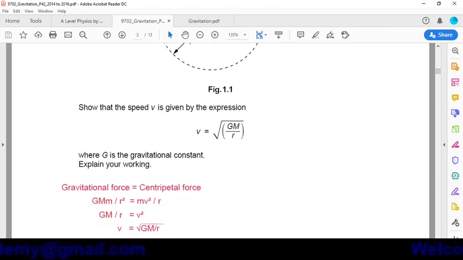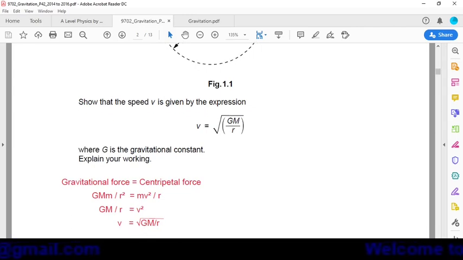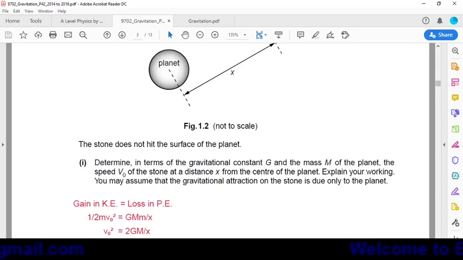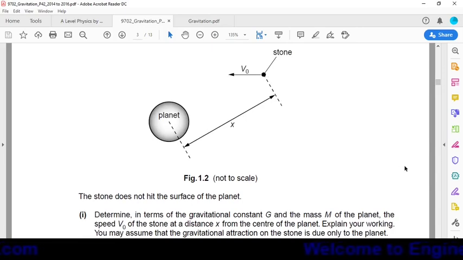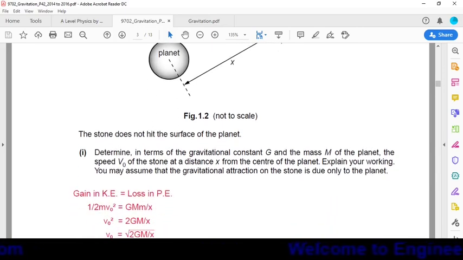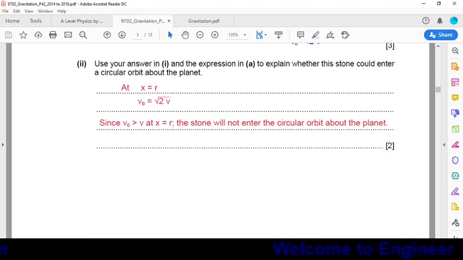Okay, this is the velocity with which the stone is moving around the planet. And in the second case, it is asked that this second stone, it will enter the circular orbit or not?